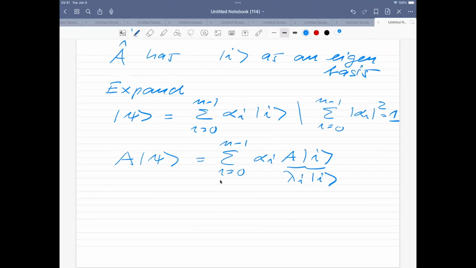Then it's pretty common to define a projection operator.